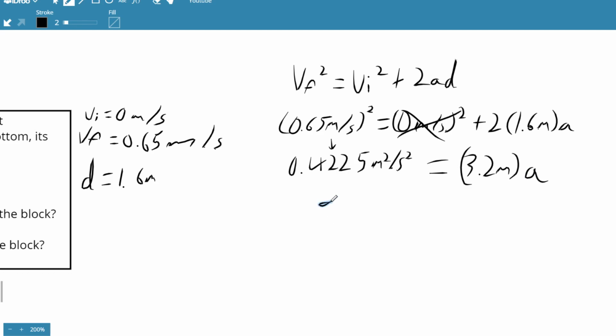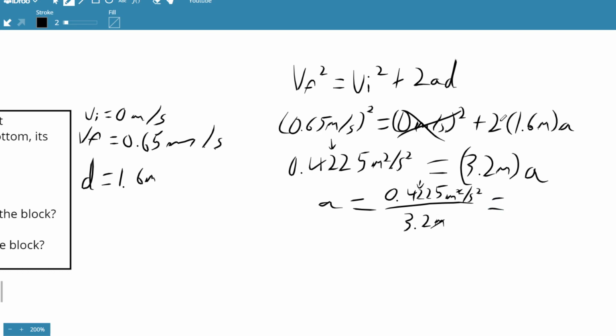And then so A equals 0.4225 meters squared per second squared. Then we have to divide by the 3.2 to move it over to this side. So divided by 3.2 meters. Then we see one of the meters cancel out. So the unit for the answer will be meters per second squared.